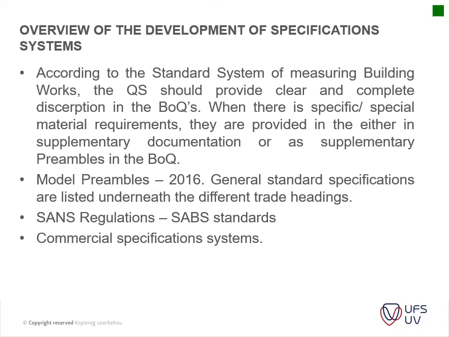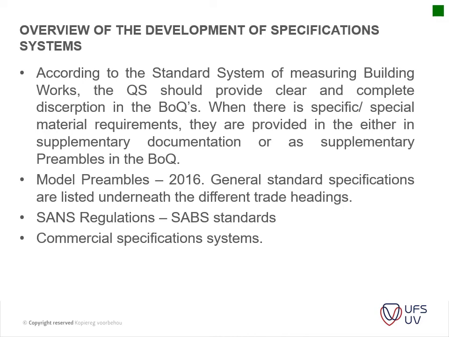When special materials are required, they are provided in either the supplementary documentation, supplementary preambles, or in the description of the actual bill of quantities. The main thing is the contractor shouldn't be able to come back and say, but look, I didn't know how to price this, I priced for this instead of this. That's the main thing that you want to prevent.